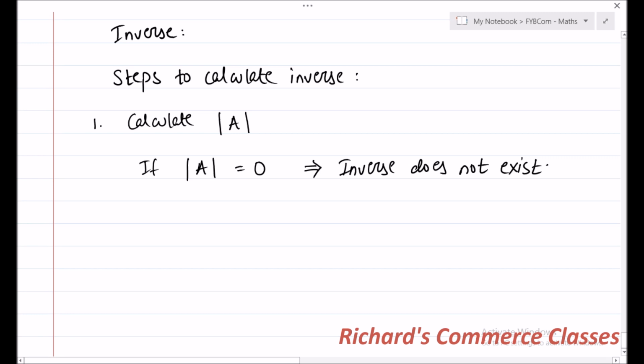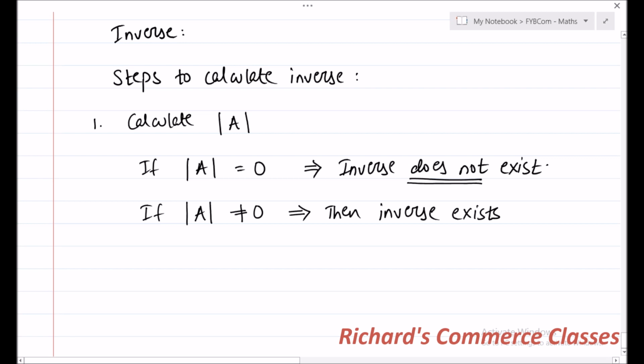The value of the determinant, if it turns out to be 0, the inverse does not exist and the solution ends here. But if the determinant of A is not equal to 0, then the inverse exists.